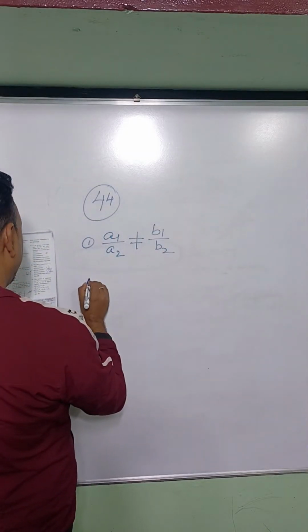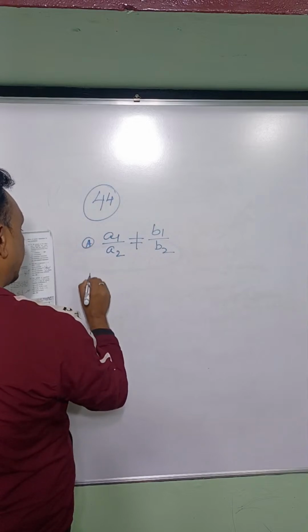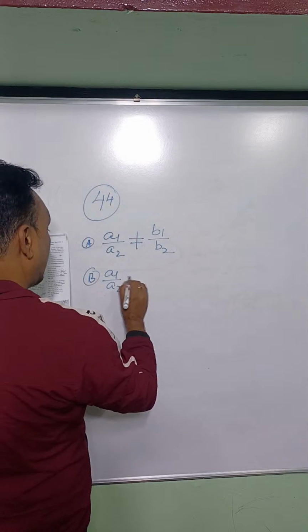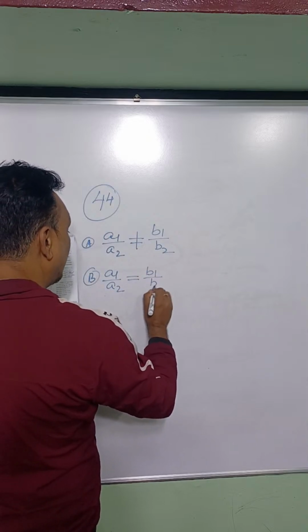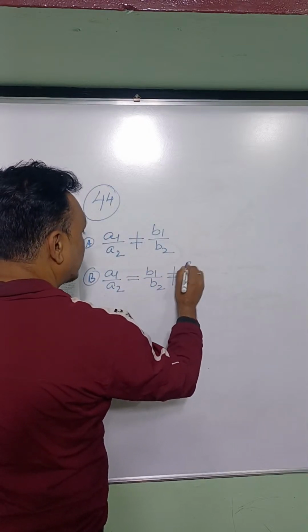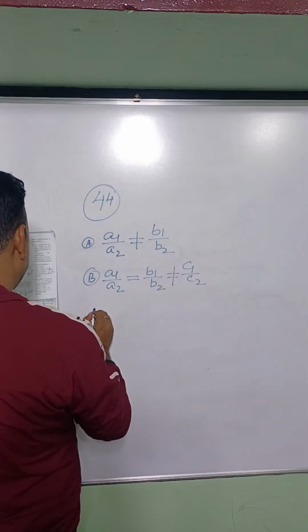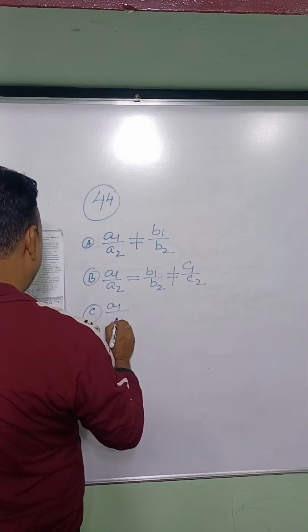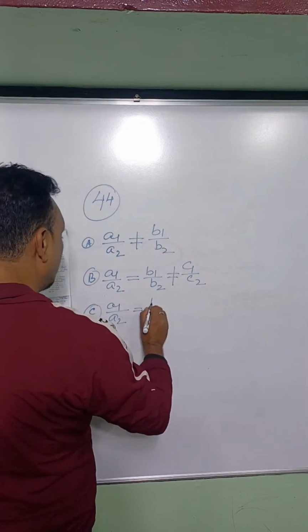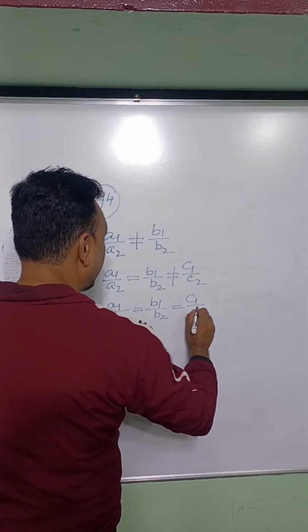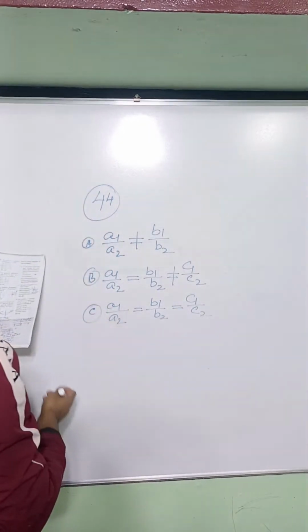Second condition, a1 by a2 is equal to b1 by b2 is not equal to c1 by c2. And third one, a1 by a2 is equal to b1 by b2 is equal to c1 by c2. So these are the three conditions.